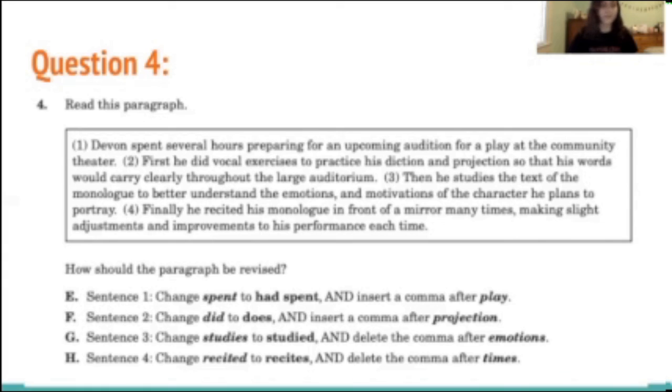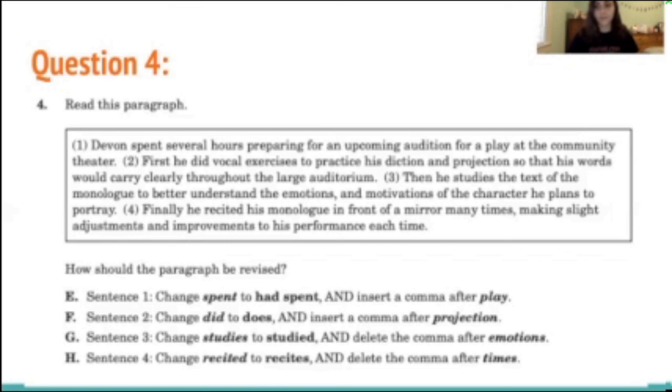We have to remember what we learned about verb-tense agreement from the previous slide. Not only do the verbs have to be consistent in a sentence, they have to be consistent throughout a paragraph. We have to read the entire paragraph to see that the verbs in all but one of the sentences were in past tense. For example, spent, did, recited.